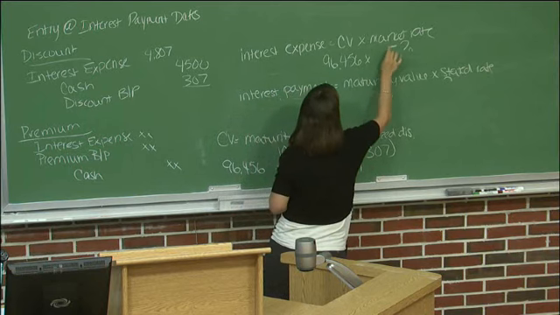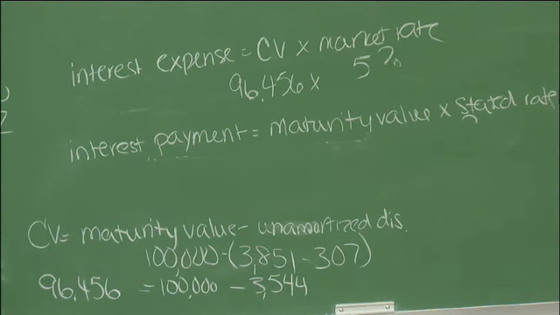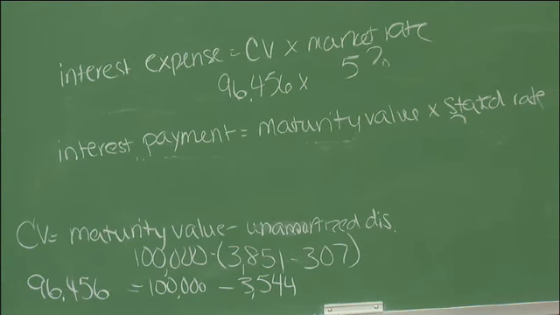So again, we're still multiplying by the 5% market rate. Notice how all these, the issue price that we're looking at, these interest entries are all related to the market interest rate on the date of issue. We never change this. Hey, that original discount was based on that market rate of interest when the bond was issued, so that's what we need to record everything as.